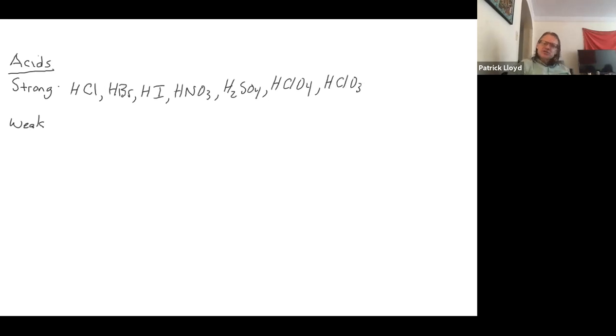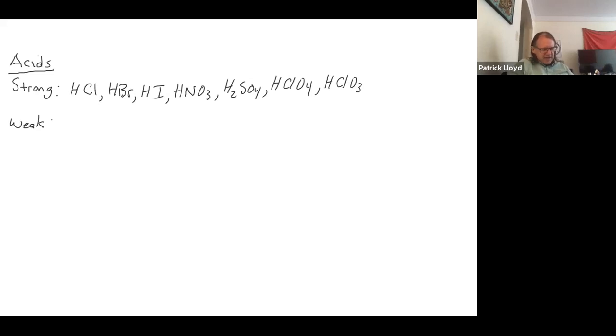Those are generally considered a list of what we would consider to be the strong acids. There are only, was it 7 of them there? There are other acids that we might classify as strong acids, but these are generally the ones that we put in that list. Weak acids are generally every other acid possible.